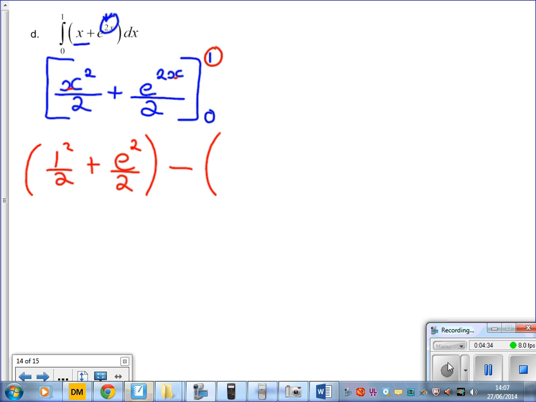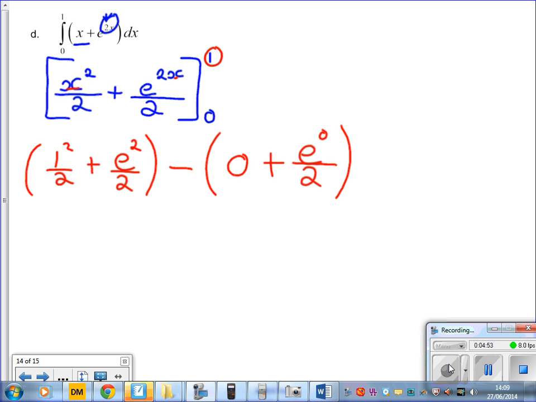starting off with x squared, so 0 squared, that first term is going to be 0. But remember, e to the 0 is not 0, so I need to include that. So e to the 0 over 2.